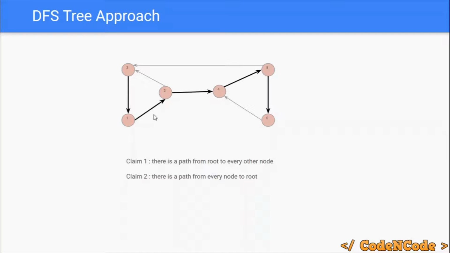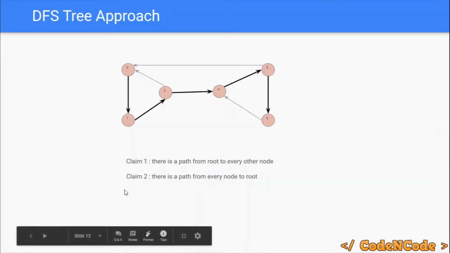But since this edge is not a bridge, there must be a node in the subtree of this node which would have a back edge to at least the parent of node 2. So what you can do is take a path from 2 to that node, and then take that back edge, so you would reach at least one height above, and recursively doing that you would be able to reach the root.